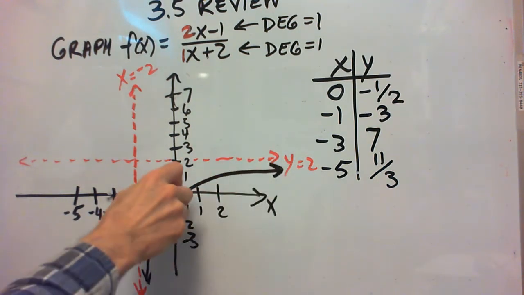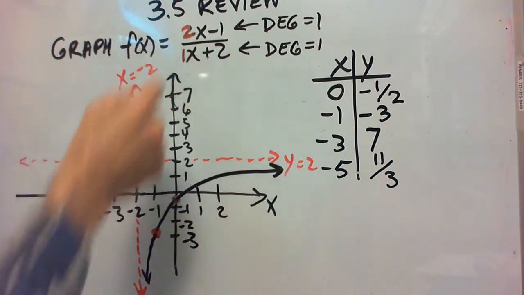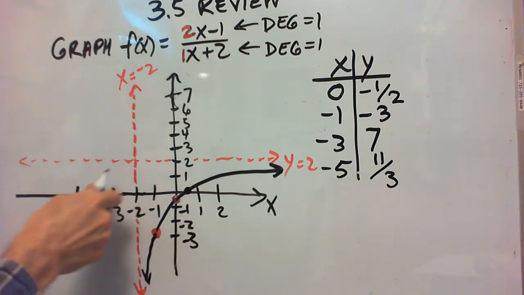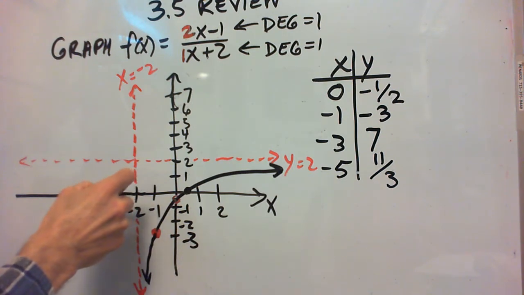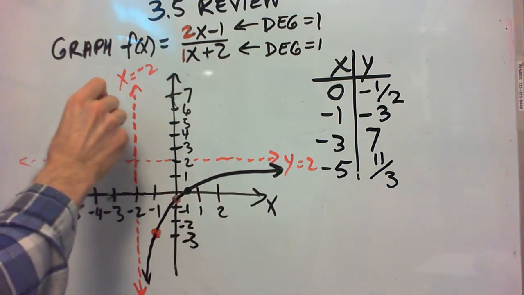And I guess we could have found an x-intercept as well, which would have been 1/2, 0. That would be that point. But we really don't need it to graph this. Then on the other side of x equal negative 2, when x is negative 3, we're up at 7.